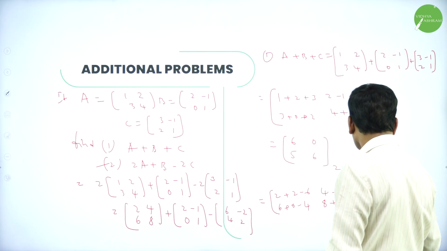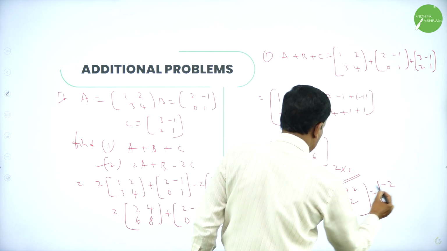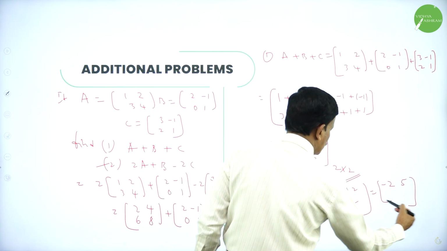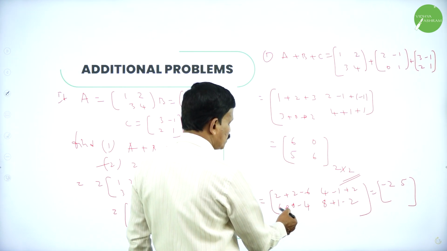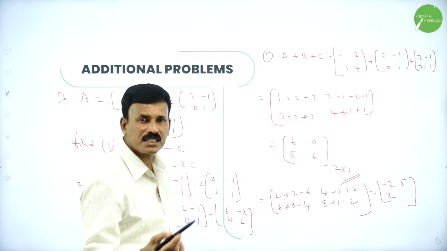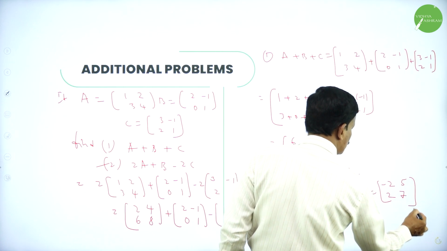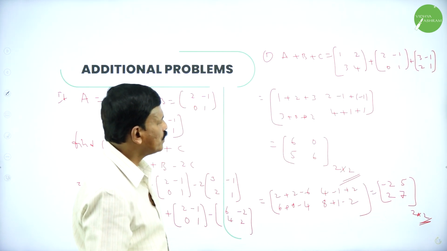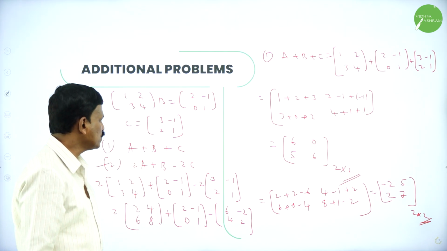So simplify this: 2 plus 2, 4 minus 6 is minus 2. Again 4 plus 2 is 6 minus 1 is 5. Next, 6 plus 0 is 6 minus 4 is equal to 2. Again 8 plus 1 is 9 minus 2 is equal to 7. This is 2 rows, 2 columns. So [-2, 5; 2, 7] is the value of matrix 2A plus B minus 2C.